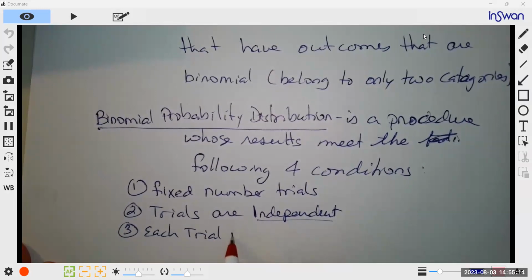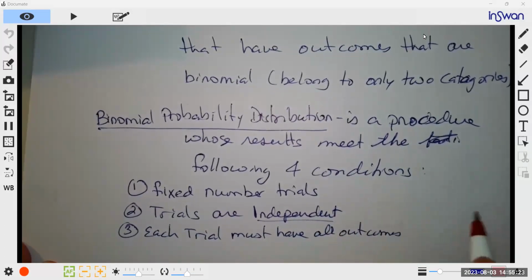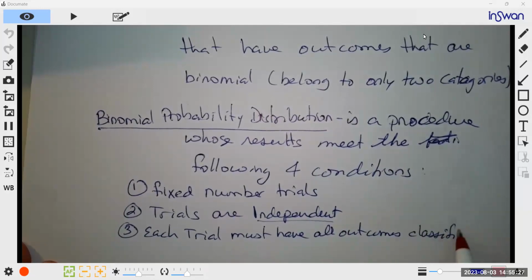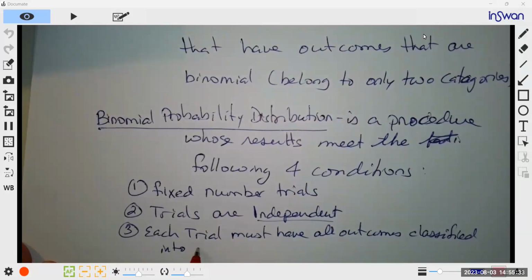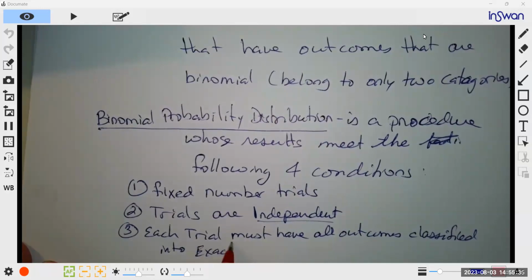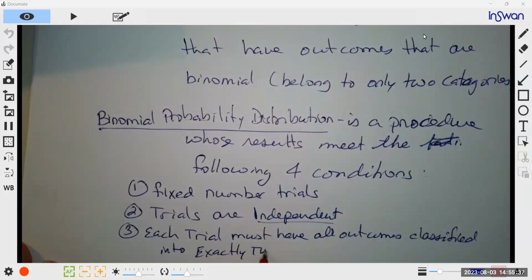Each trial must have all outcomes classified into exactly two categories.